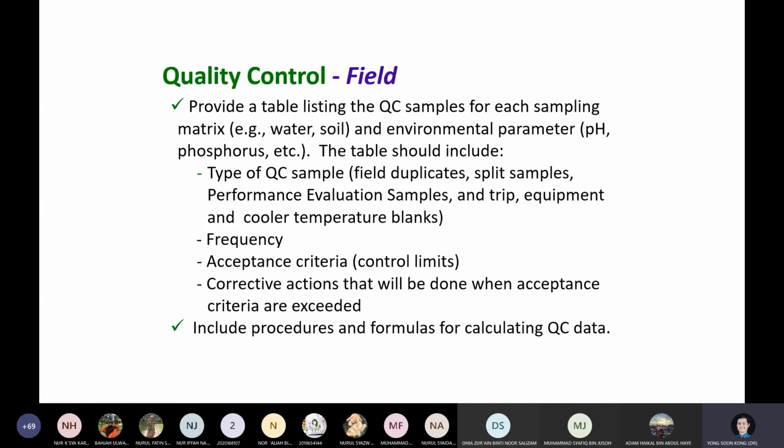If your objective is to detect a very low level of contamination, you have to use the proper procedure. You cannot use a very crude procedure to detect very minute concentrations. So it depends. Corrective actions are done when acceptance criteria are exceeded.